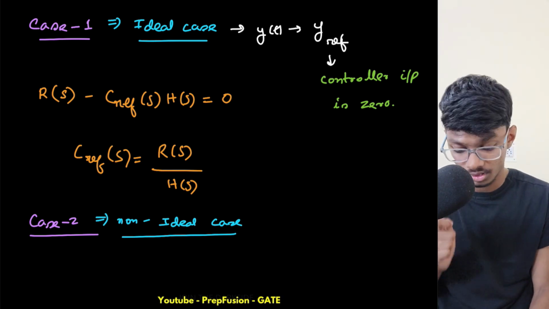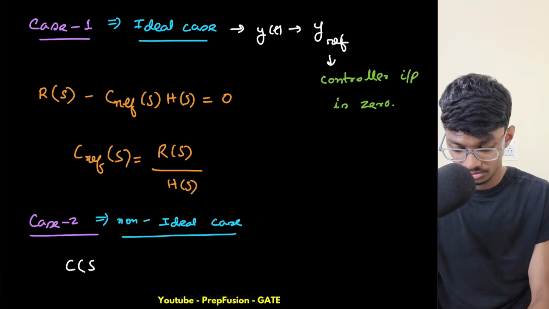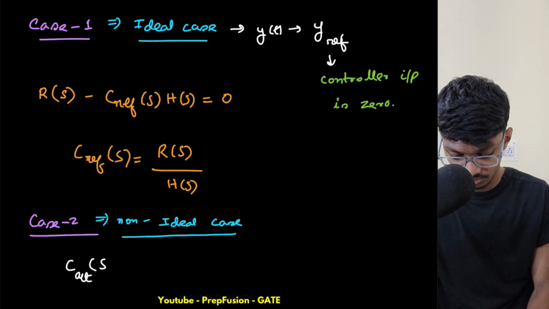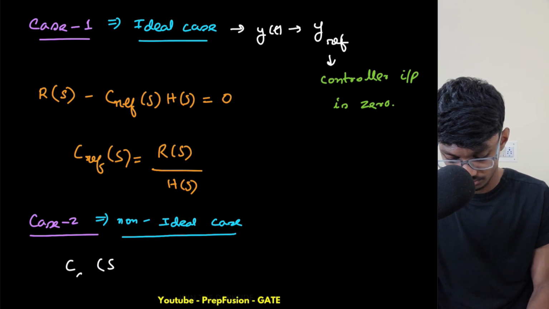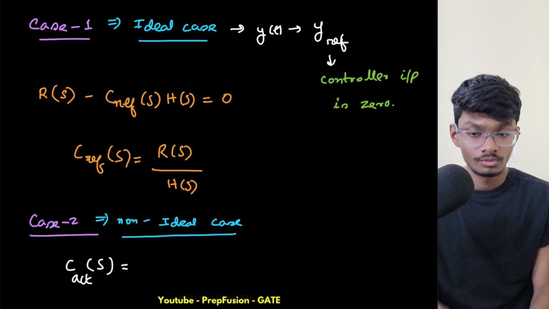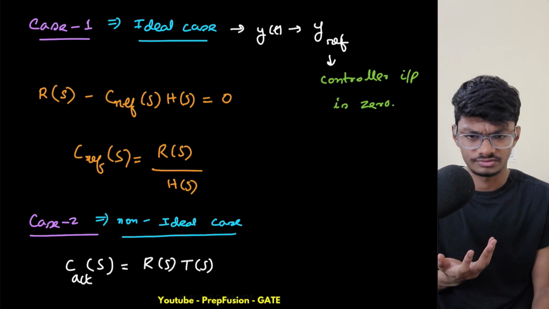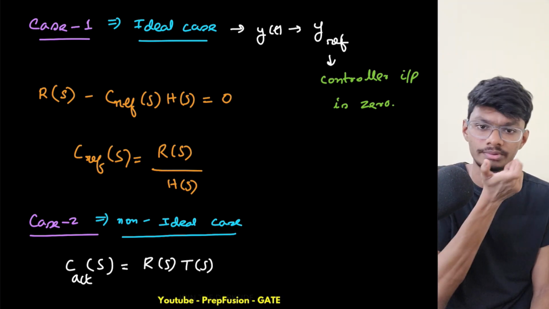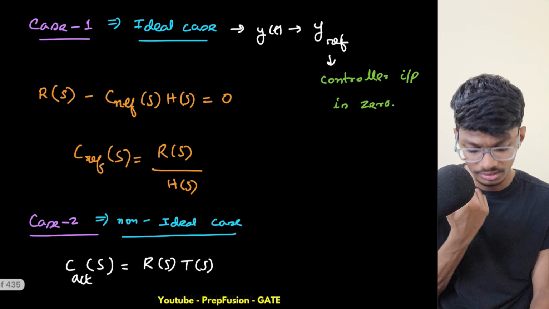When my system is practical, my actual output will be simply C actual of S. That will be simply the formula R of S into T of S. It's the simple transfer function: whatever the input is, multiplied by the transfer function, is my C of S. Or G upon 1 plus GS equals T of S, that also you can write.